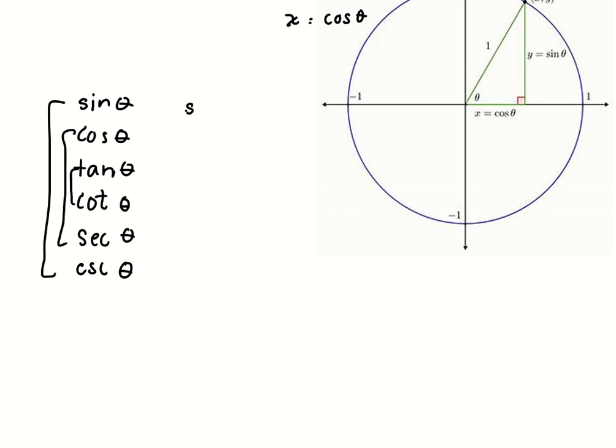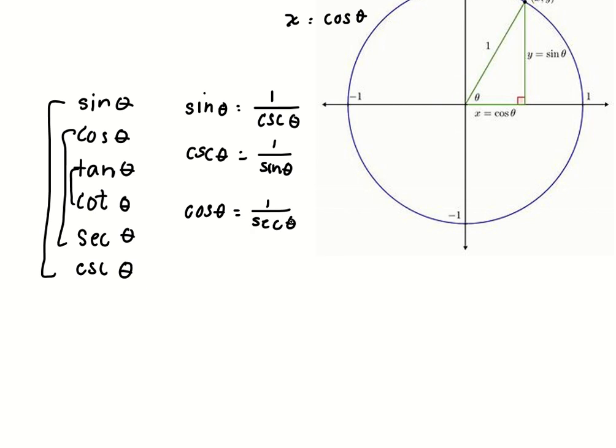So sine theta is equal to 1 over cosecant theta. That means cosecant theta is equal to 1 over sine theta. Next, cosine. Its reciprocal is secant. So cosine theta is equal to 1 over secant theta.